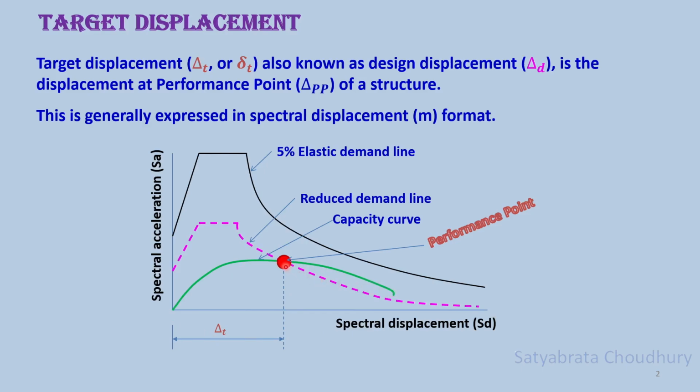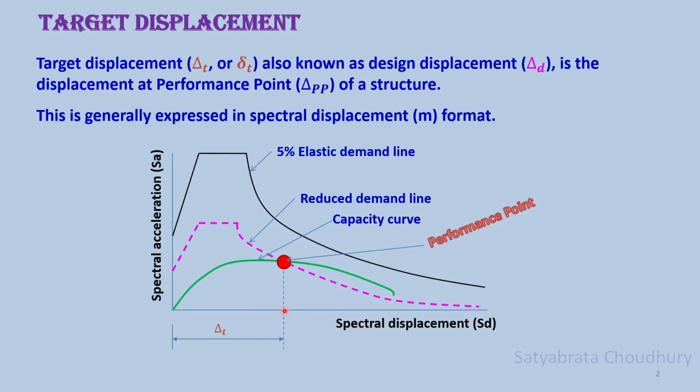They are intersecting at this point, so this is your performance point. The displacement on the x-axis corresponding to this performance point is the delta t, which is your target displacement or the design displacement. There are various ways of finding this target displacement. We shall be discussing this here.